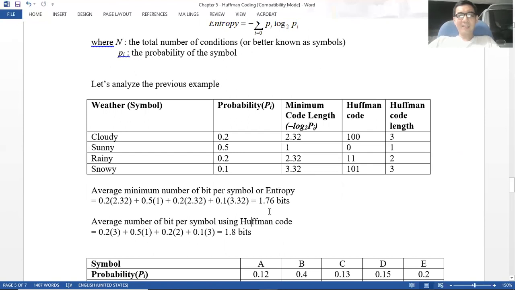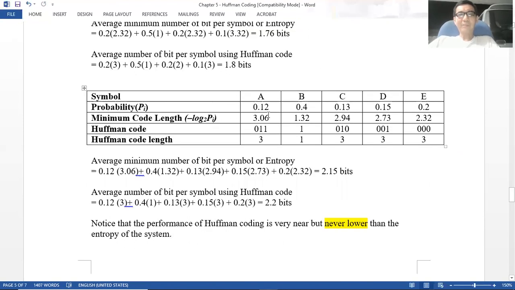If you look at this example, it's the same. Calculate the average minimum number of bits per symbol, the entropy. You take the minimum number of bits for each symbol, multiply with the probability, and you get 2.15.